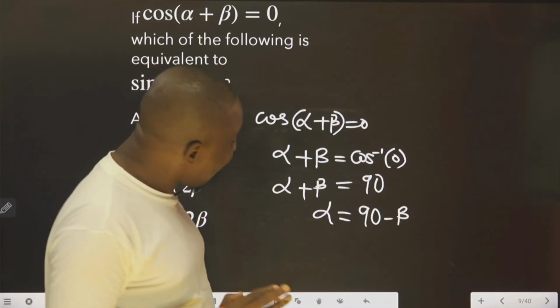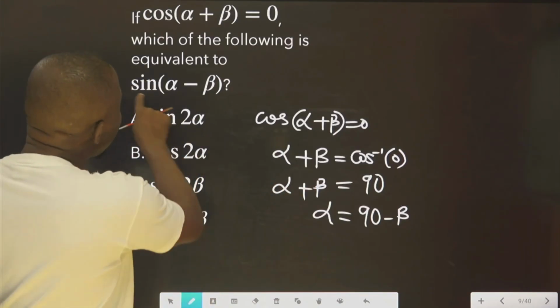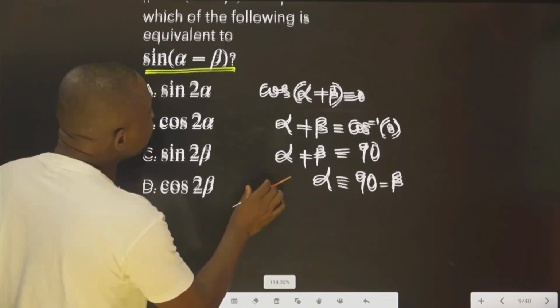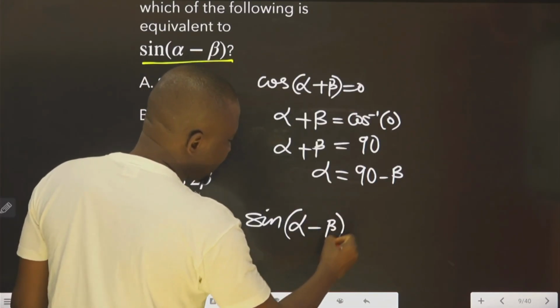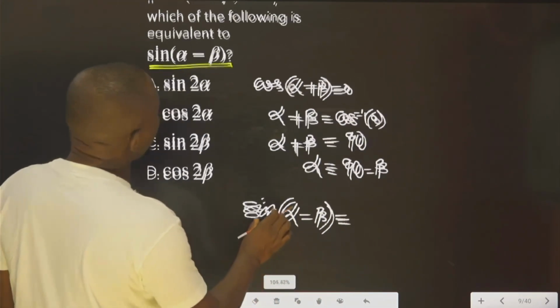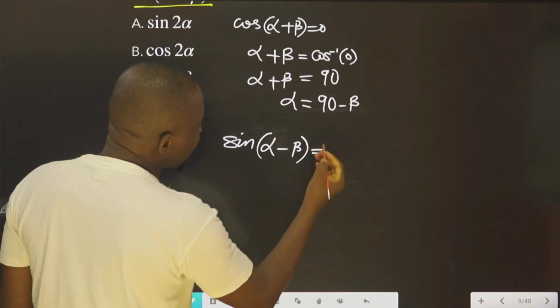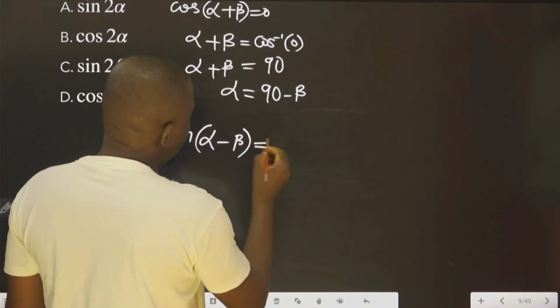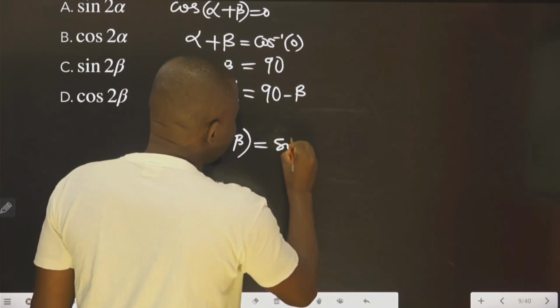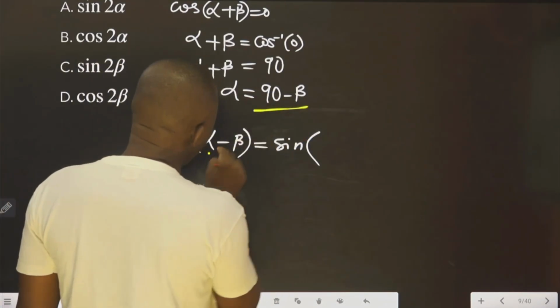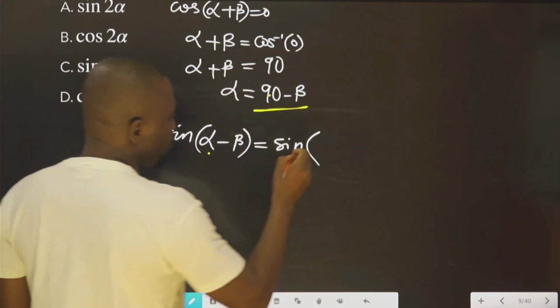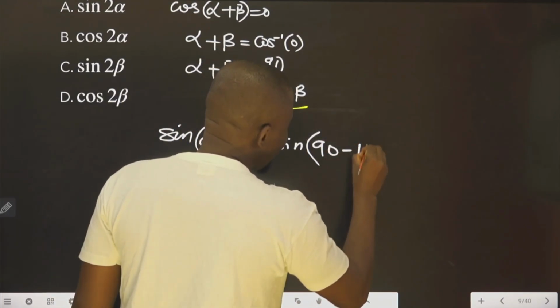Okay? Now that we have this, let's come here. It says, sine alpha minus beta is now equal to what? What we need to do now, we simply come here and say, this is sine. What is alpha? It is this. So we are going to replace this with this, that is 90 minus beta.